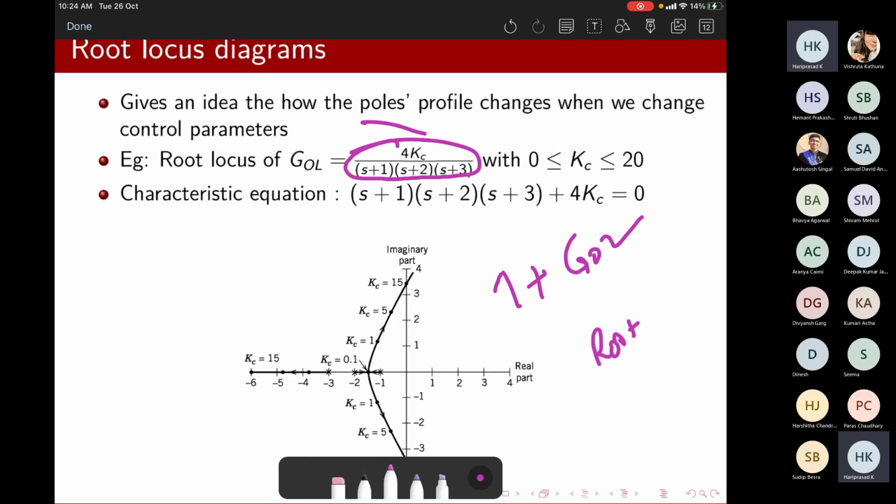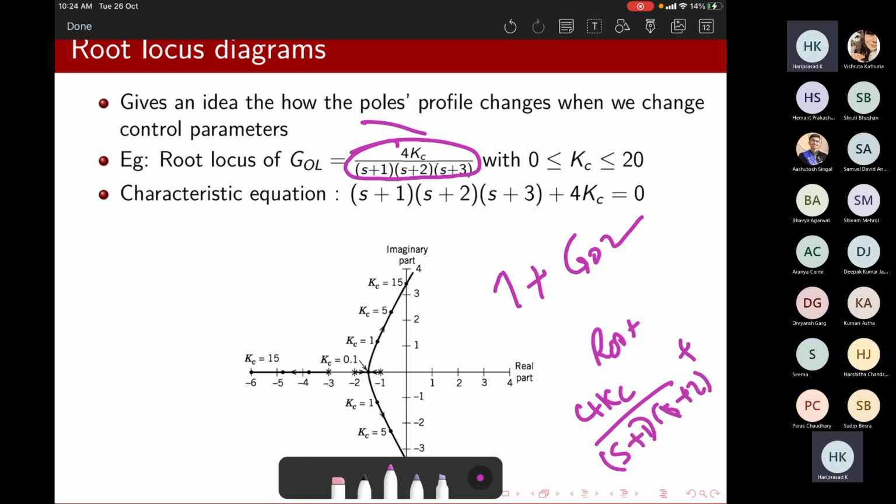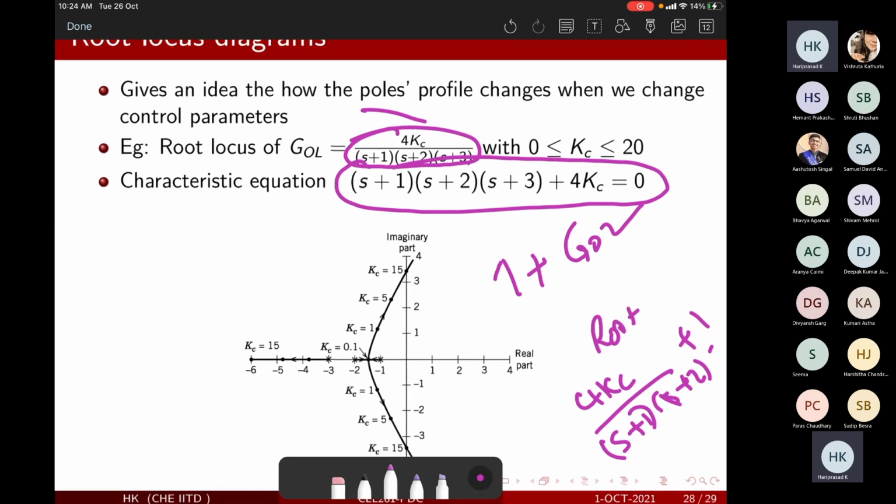So what you have to write first is 4 Kc by S1 times S2 times this thing, plus 1, and write the characteristic equation, which is this. In the root locus diagram, you are going to plot the roots of this equation with respect to the changing values of k.